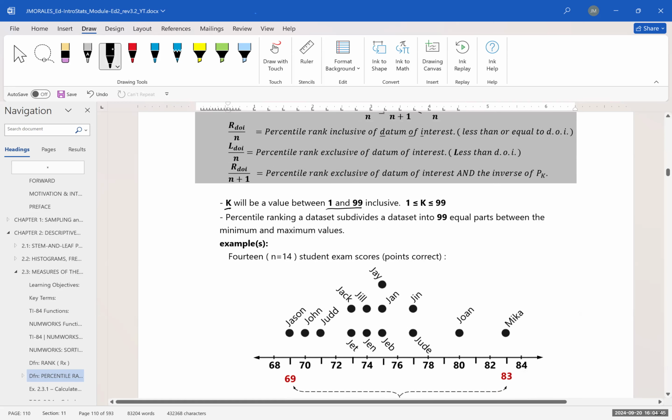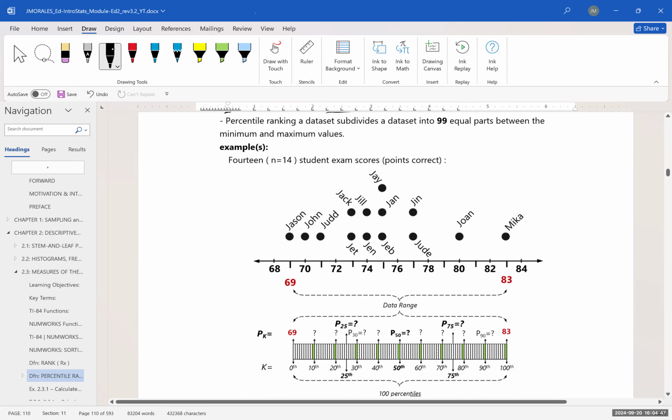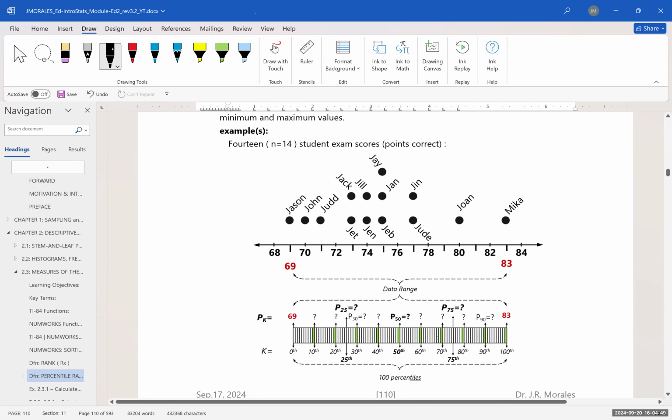Let me give you an example of that. Here we have the exam scores. These are points correct for 14 students. The lowest score was by a student named Jason, who scored a 69. The maximum score was scored by Micah, who scored an 83.